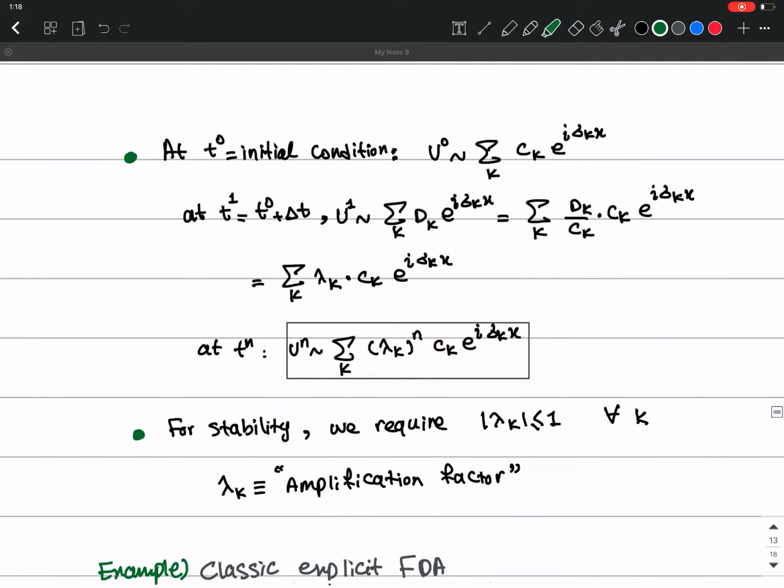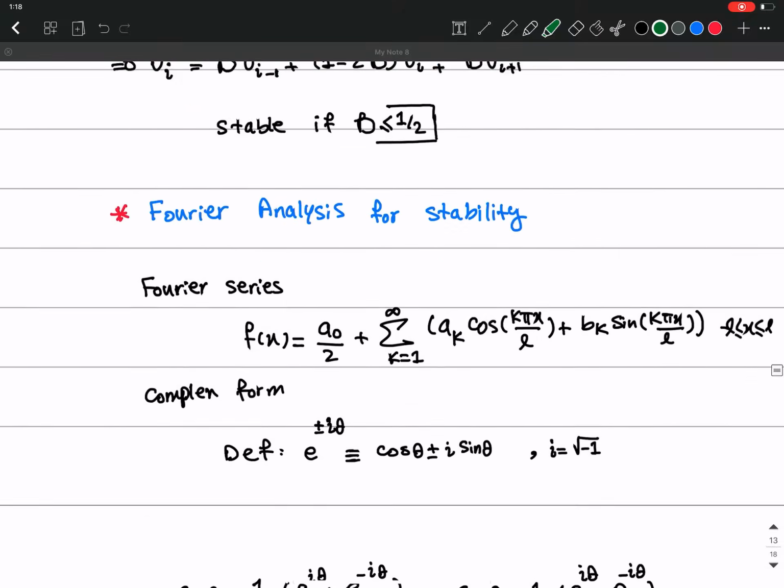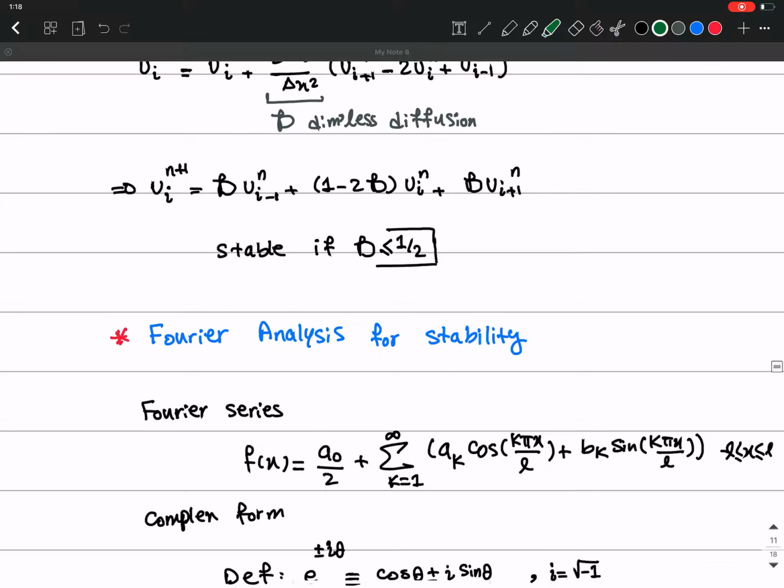And we introduced a formal way of doing that by this Fourier stability analysis. This has a lot of other things that we didn't cover, like analyzing the phase of the solutions. We only investigated the amplitude of the solution. So the amplitude could be correct, but your phases could be shifted a little bit between the numerical and analytical solution.